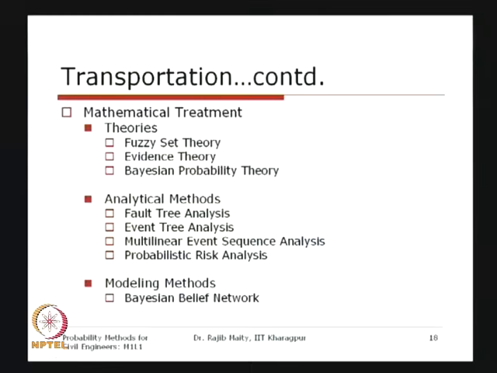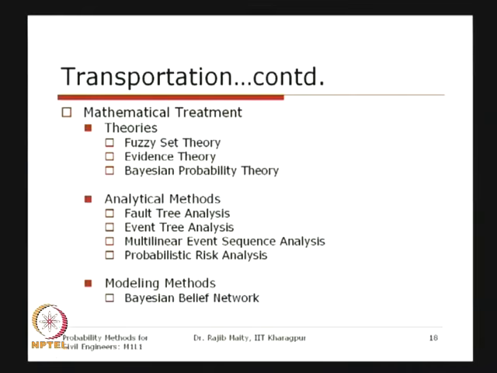Modeling method, the Bayesian belief network, say at a particular node. We generally start with some of our data, some of our experience, and once some decision comes, that decision, that particular information, that particular experience can be incorporated in the model.